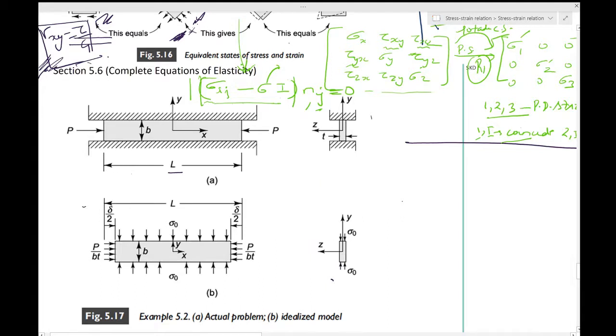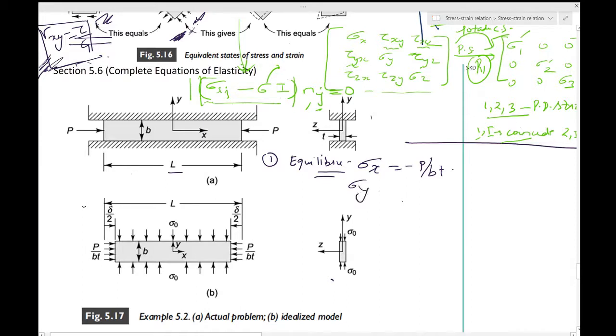First step is always the equilibrium, with the external loads, which is satisfied when the stresses existing in the plate are as follows. Sigma x has to be equal to minus p by bt, because from the external forces this is p by bt, so it has to be minus p by bt.